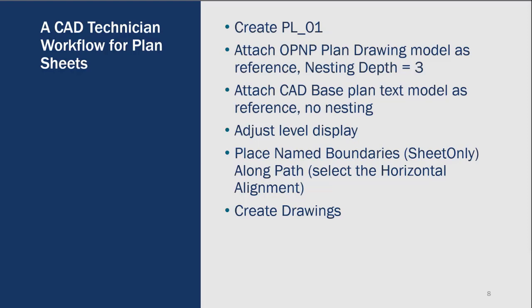That has not been true for the last 2 versions. So you can simply select the line, the complex element that we see coming in through the OPNP file, and select that as our path. And then you can create your drawings, and you can set an overlap, and it'll be beautiful.